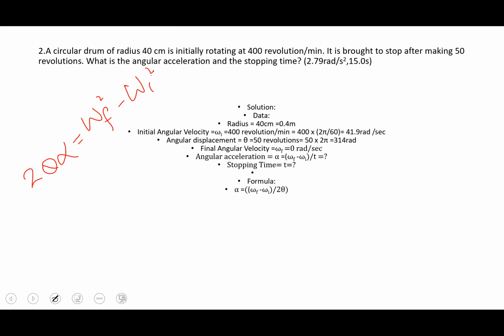So if we can find out the values from here, we get alpha will be equal to omega f square minus omega i square divided by 2 theta.